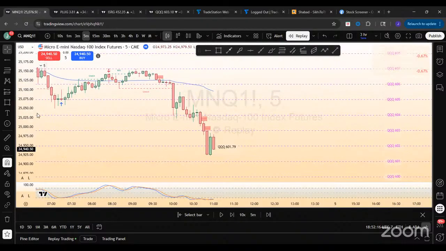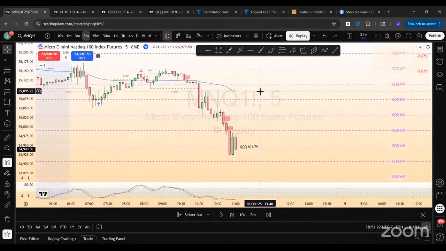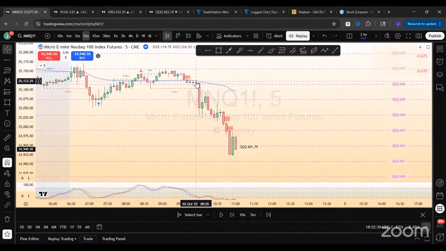I was actually watching GEX levels at that time, and I was watching the QQQ 606 level, and I knew before this drop happened, right here, that something was going to happen, looking at those big red bars. Right when this big drop happened, I took a short, and I made good money in the futures on the MNQ.